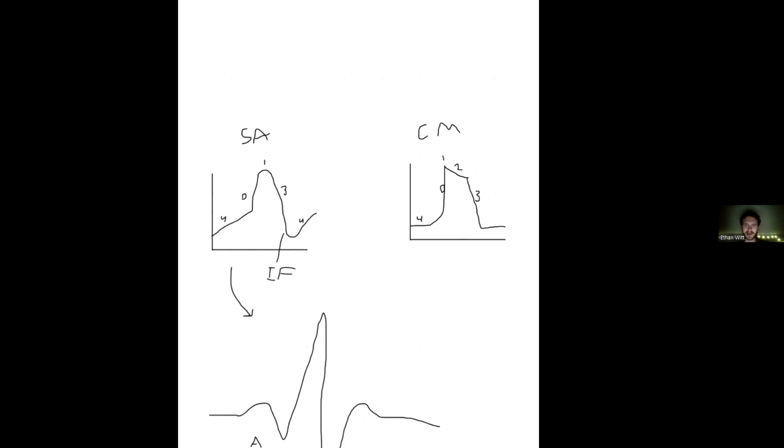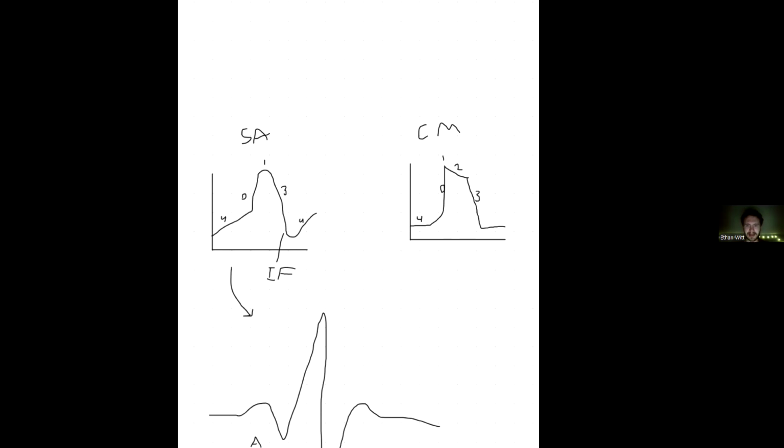that I've labeled. So phase 4 of the sinoatrial node is, I guess, what you could say where we begin. This is as close as we get to a resting membrane potential.